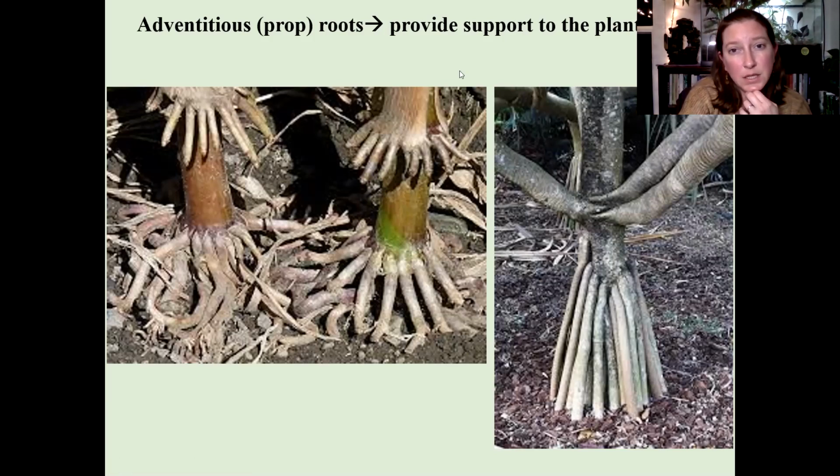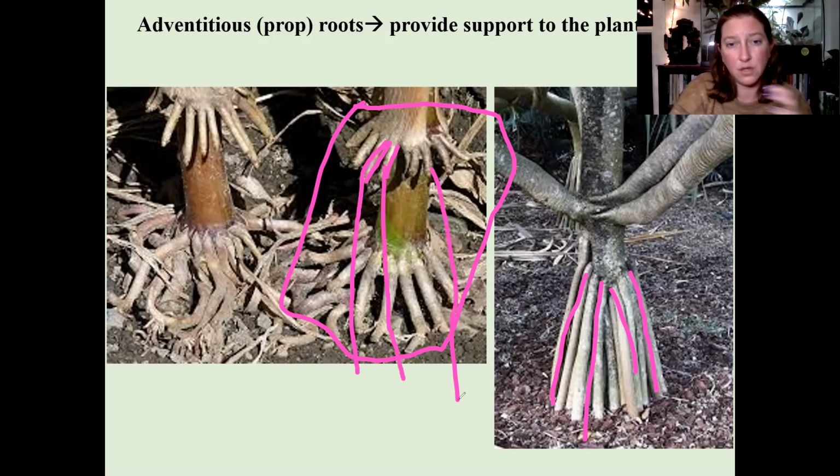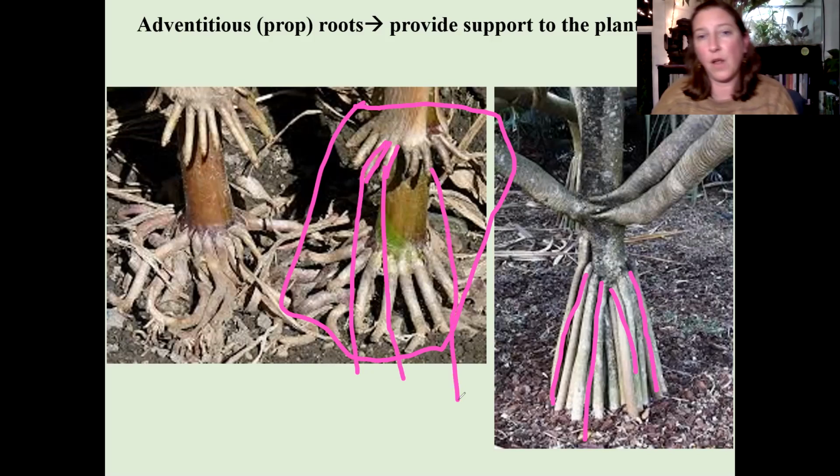So in these slides, on this tree here, all of these things coming off are these prop roots or adventitious roots. On the left here, this is actually corn, believe it or not. Corn makes these adventitious roots as well, and they eventually will grow down into the dirt to help prevent the corn from falling over.